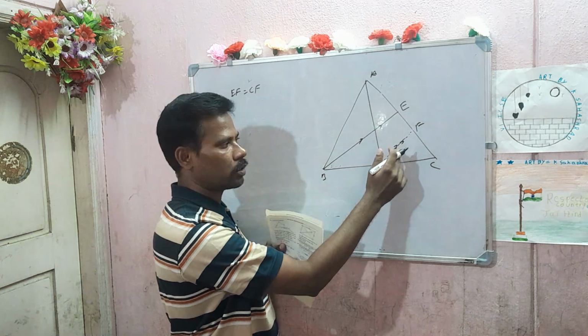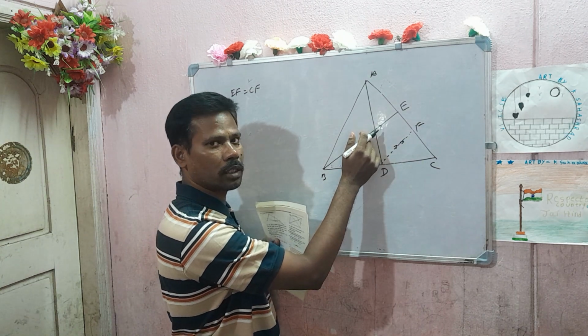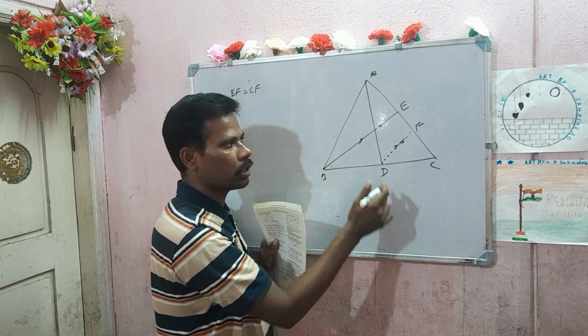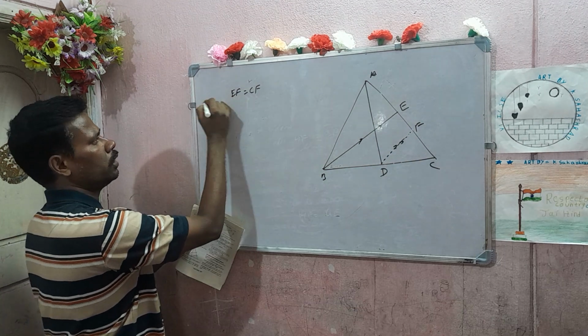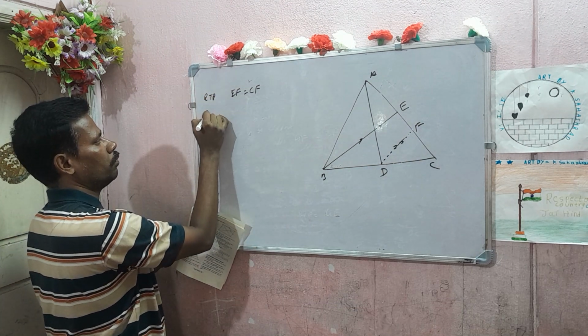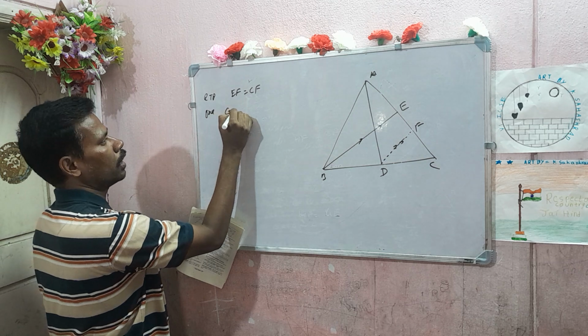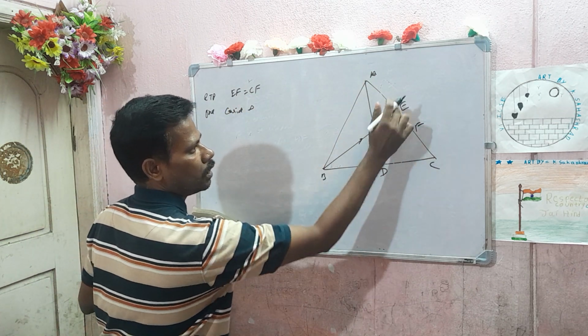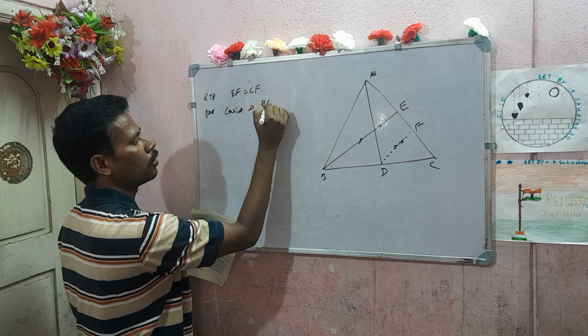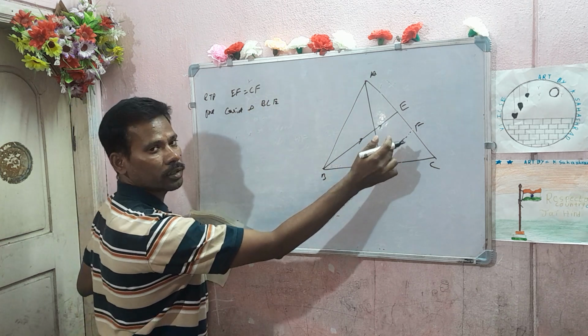So use the basic proportionality theorem. If a line is drawn parallel to one side of a triangle, then it will divide the other two sides in the same ratio. Proof: consider triangle BCE.